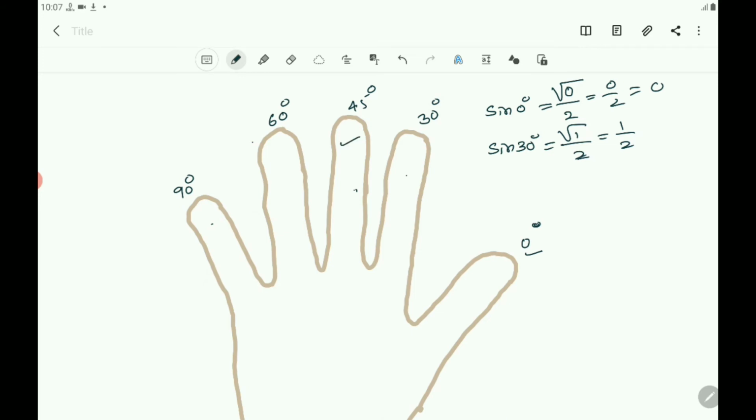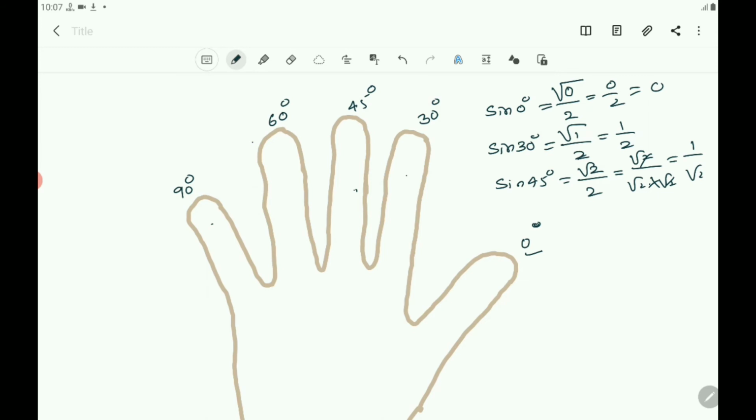Next, for sine 45 degree, that is 1, 2. Two fingers are there. So you take root 2 by 2. Root 2 by 2, that equals, here you take root 2 by root 2 into root 2, that equals 1 by root 2.